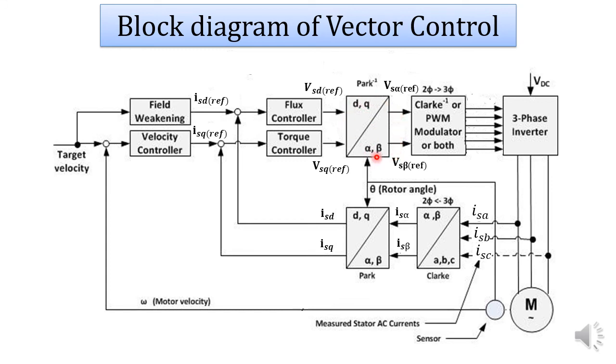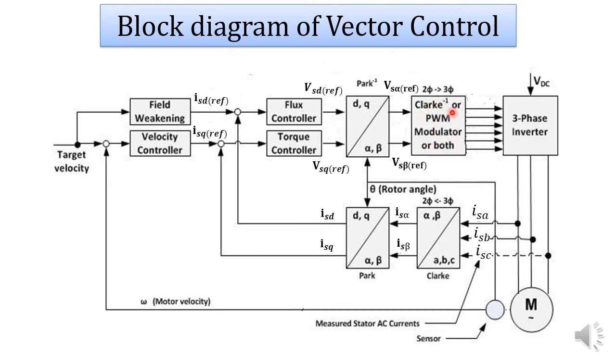For this purpose the inverse transformation matrix will be used, and the output is Vs alpha ref and Vs beta ref. These are the reference values of the alpha beta components of the stator voltage, and these reference values are given to the inverse Clarke transformation block or PWM modulator, or both.